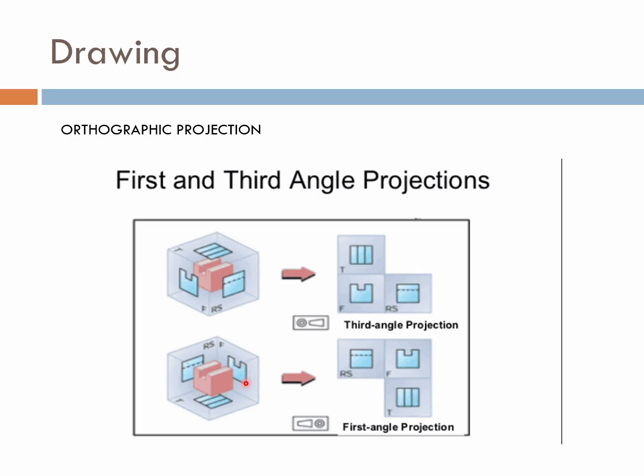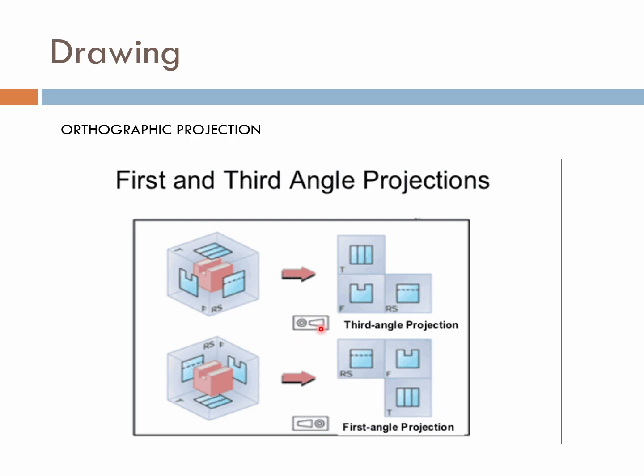And then same thing, when you look at it from the top, you're looking down and it's down here because you're shining a light on it, and the image is down here. So when you rotate that out, the top becomes down the bottom. The right side, when you're looking on the right side, it's over here, and that rotates out that way, and you get it here. And this is basically what we do for third angle: front, right side, top.